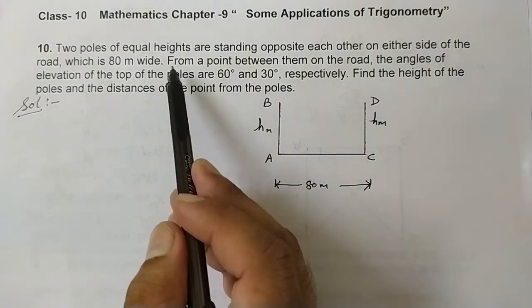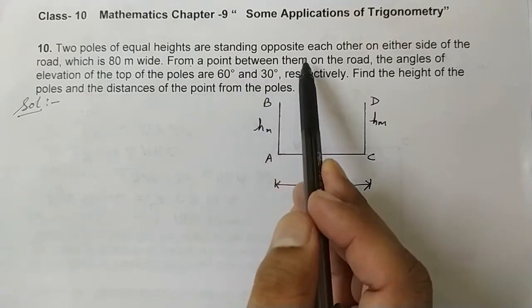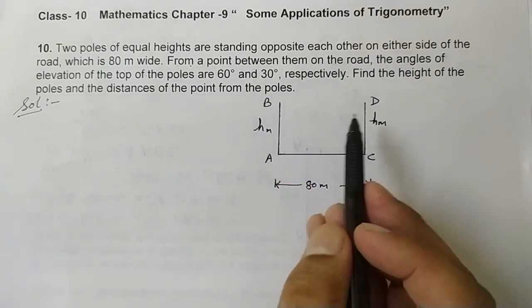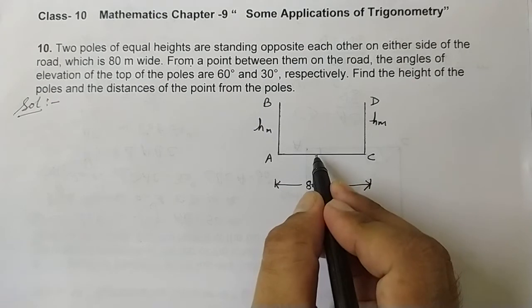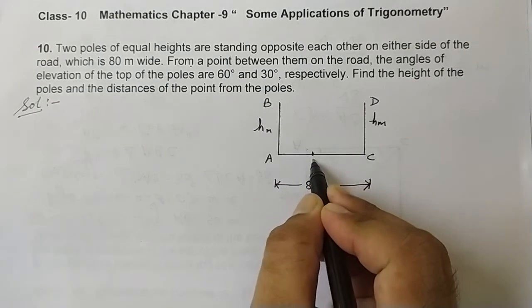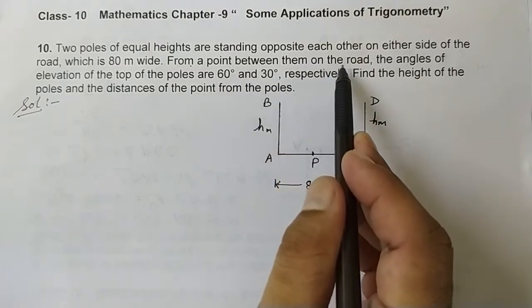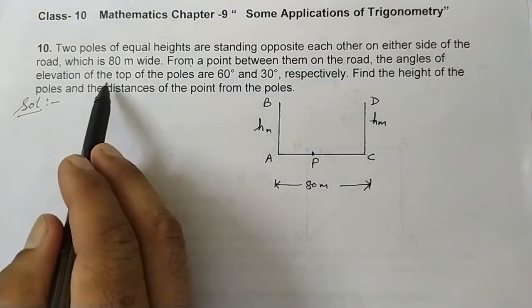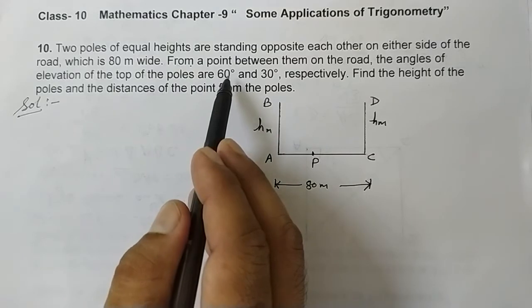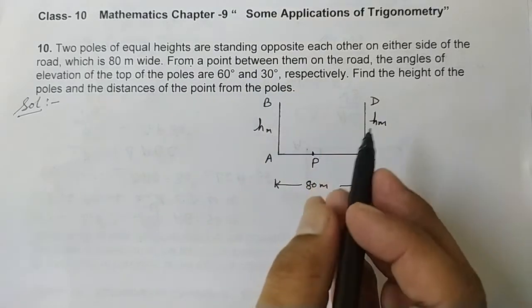Now it is written that from a point between them on the road, any point we are to take on the road, suppose this is point P on the road, the angles of elevation of the tops of the poles are 60 degree and 30 degree respectively.